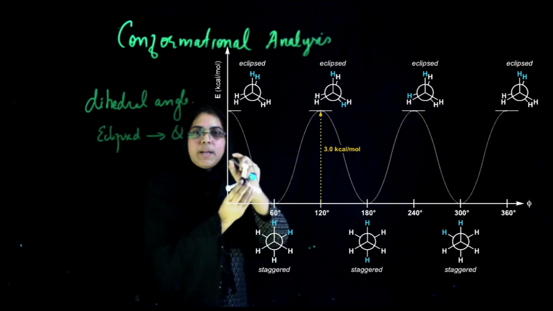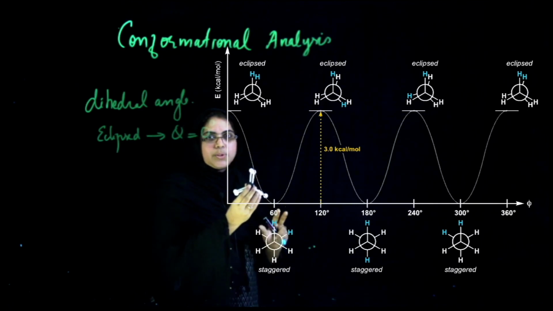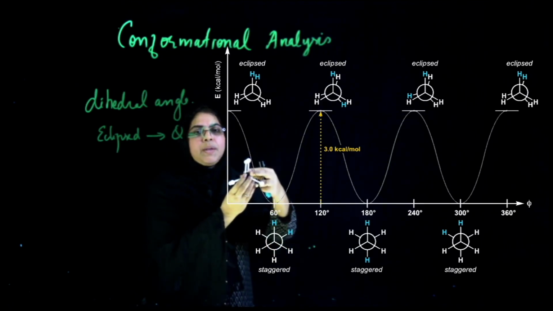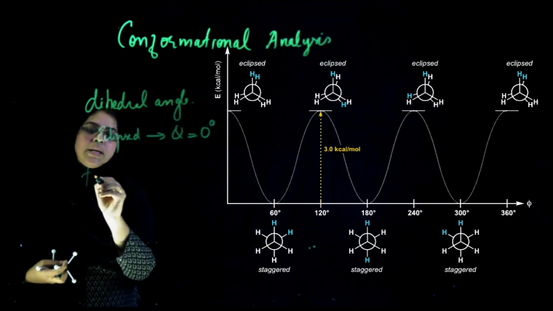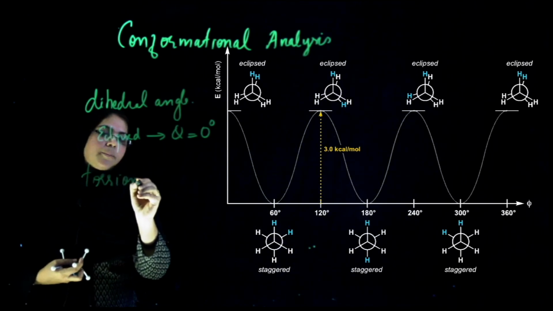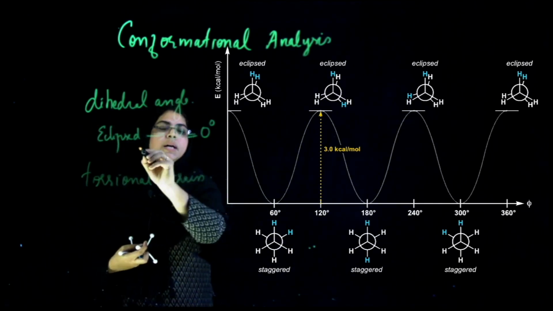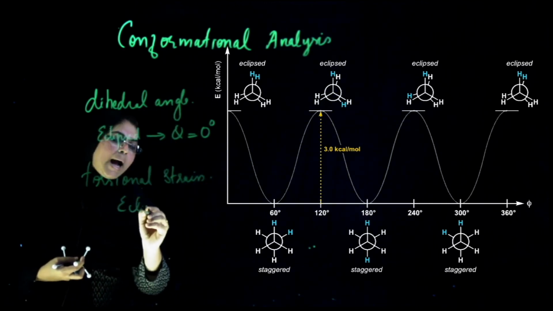And as the bonded electron pairs are close, they experience a repulsive force. This repulsive interaction is known as torsional strain. So for an eclipsed conformation, torsional strain is maximum.